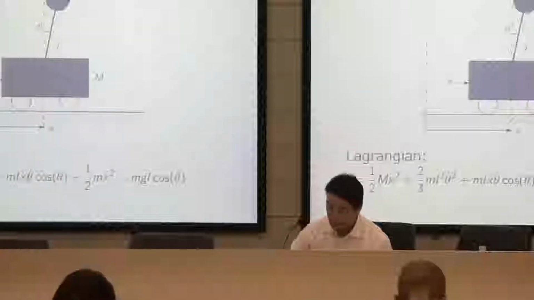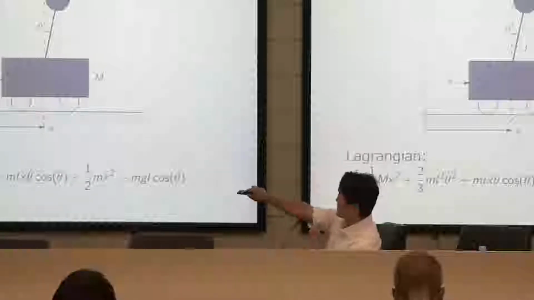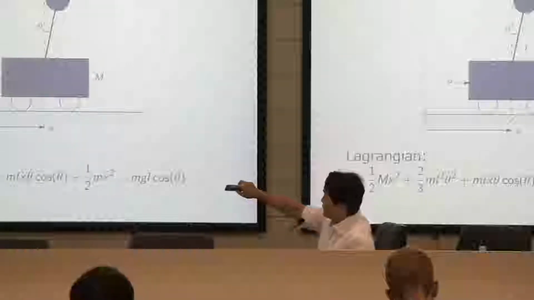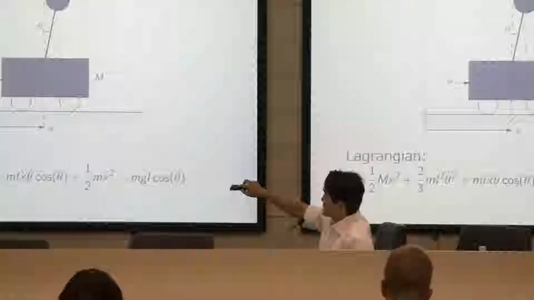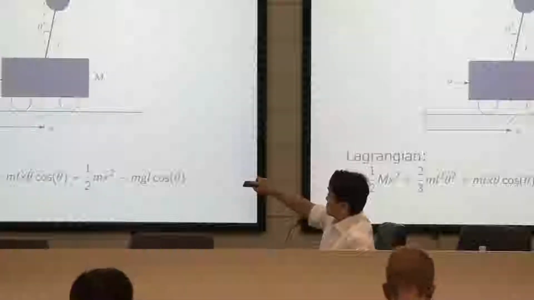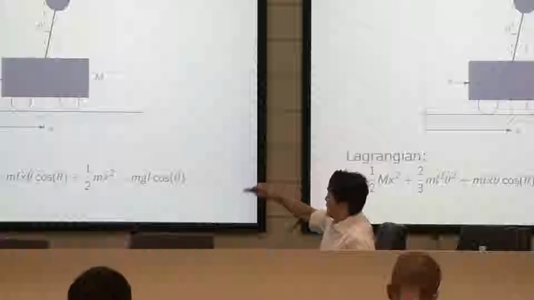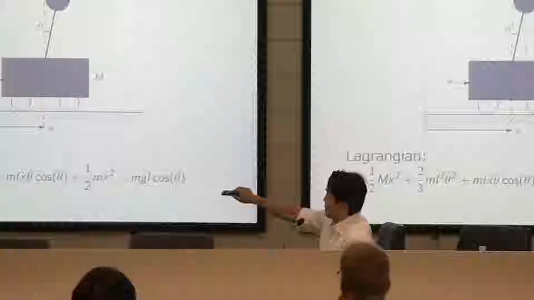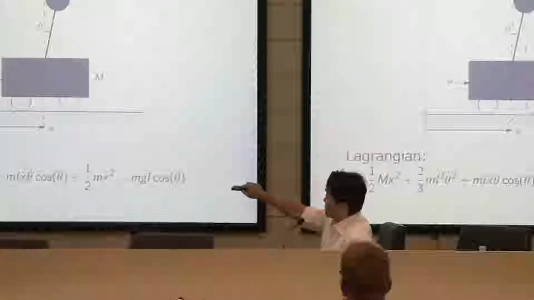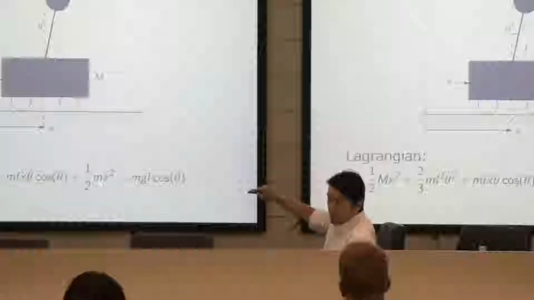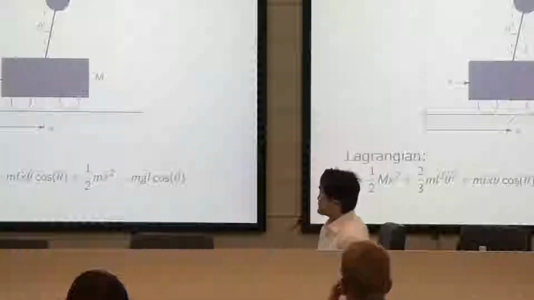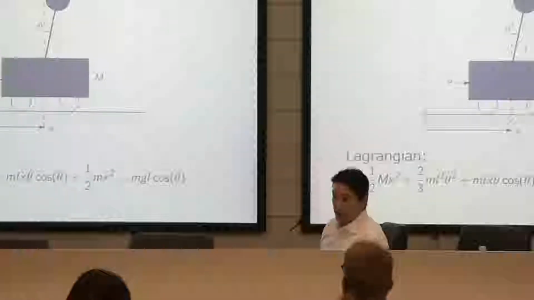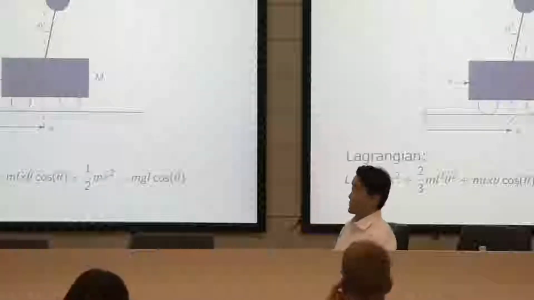I did not write the formula of Lagrange's equation, but you have to take the partial derivative of L with respect to x and with respect to theta. Theta is the angle. x is the horizontal position of the cart. And also the partial derivative of L with respect to x dot, the velocity of this cart, and also with respect to theta dot, the angular velocity of the pendulum.